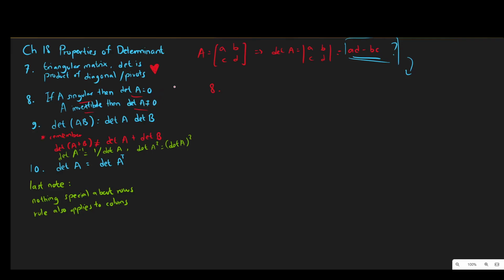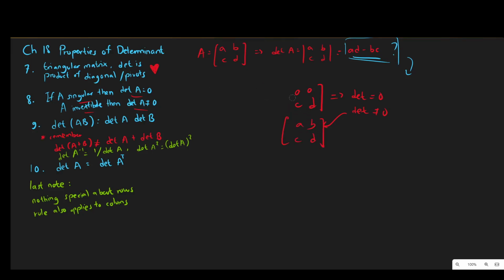This agrees with what we have been learning so far: if A is singular, which brings us back to the property where we have a row of 0s, the determinant will be 0, and if it is a full rank matrix, which is the invertible case, the determinant will not be 0.